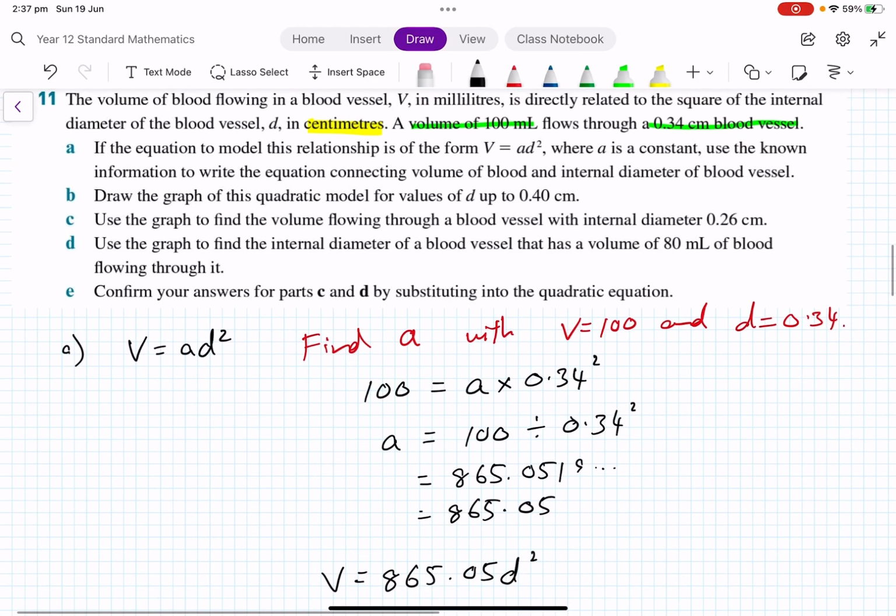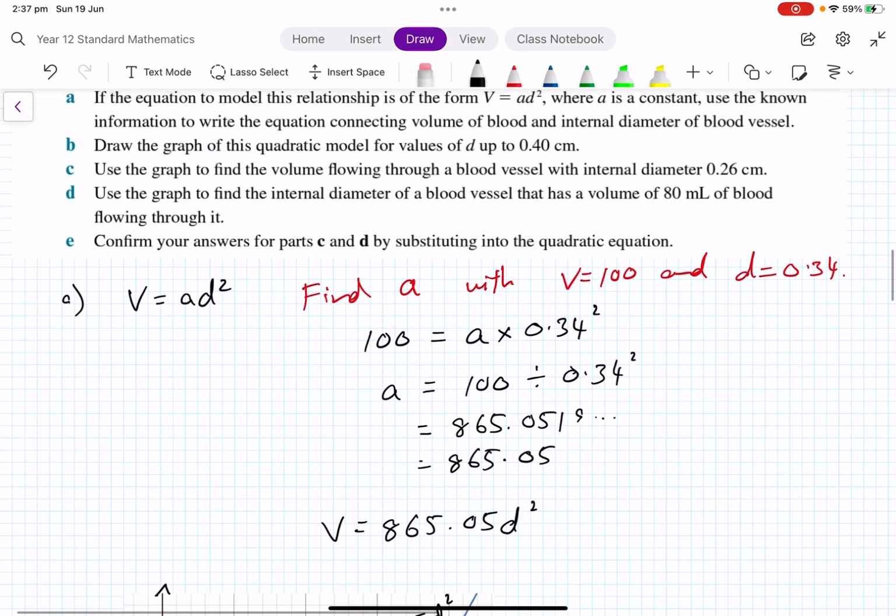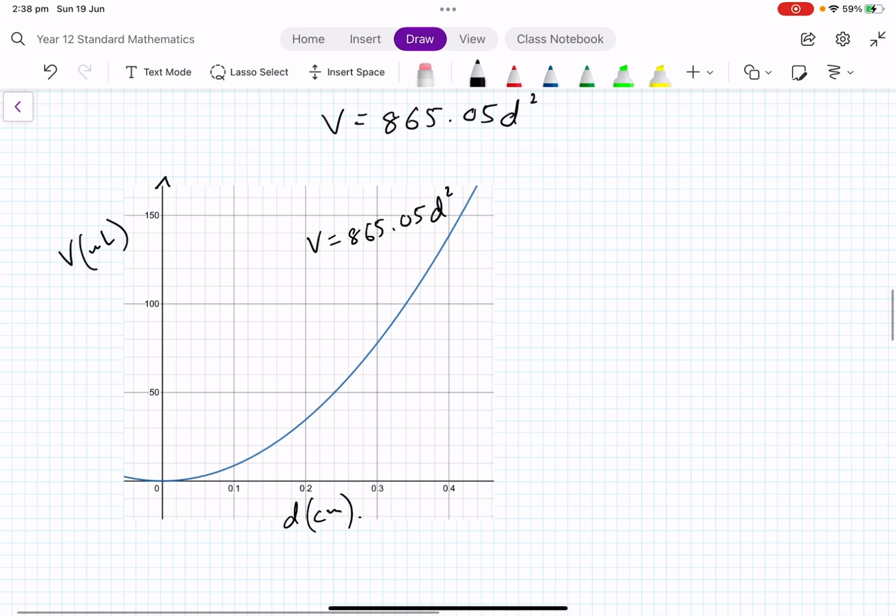Now question C: use the graph to find the volume flowing through a blood vessel with internal diameter 0.26. So it'd be here, we go up from 0.26 and along there.